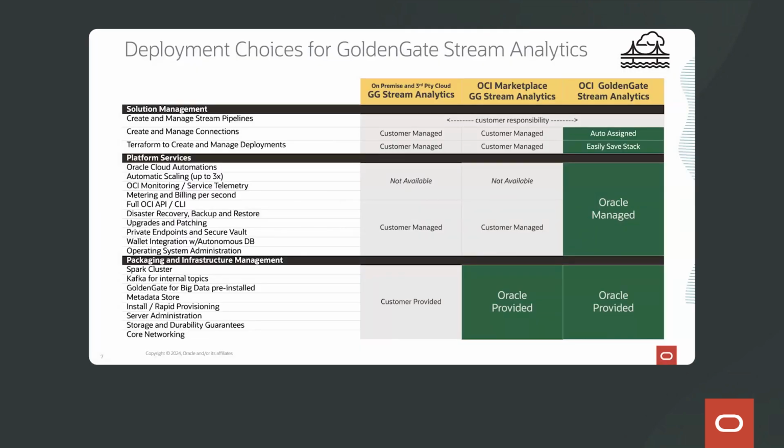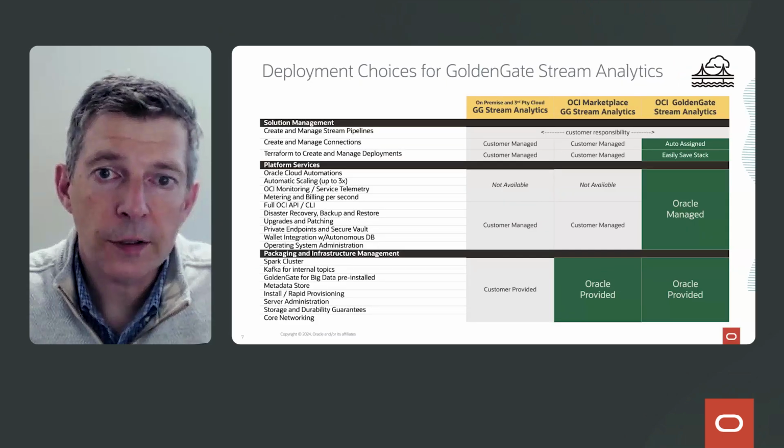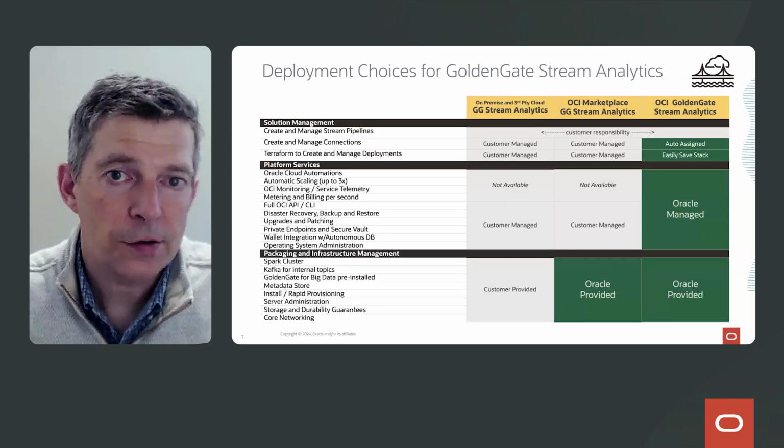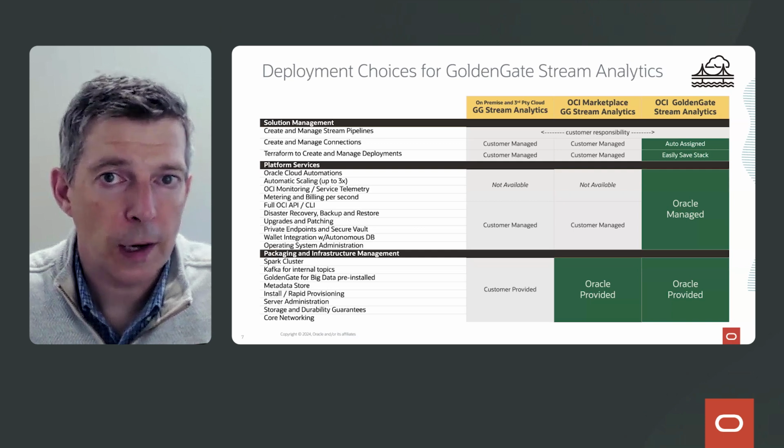We provide our product in 3 different distribution types. This makes it flexible as well as very easy and managed to use. You can, for example, use our installer-based GoldenGate Stream Analytics and install it on-premise or in any third-party cloud.